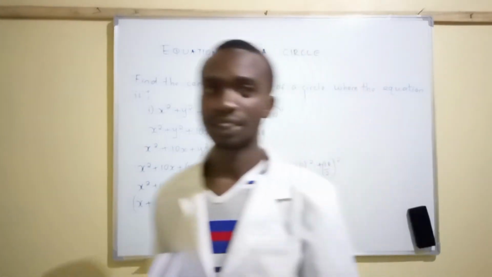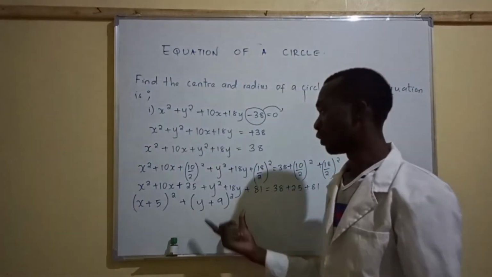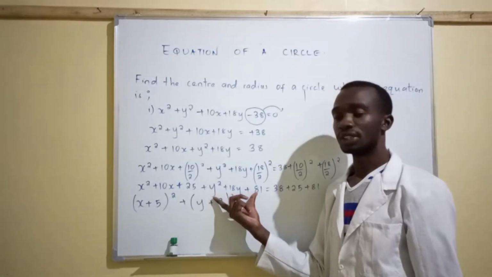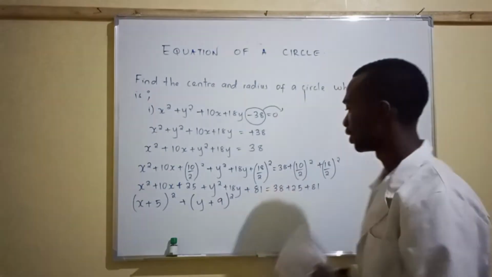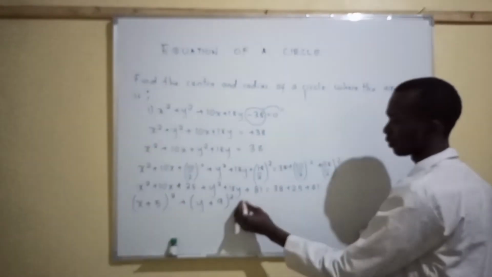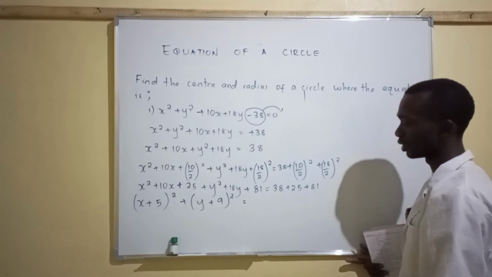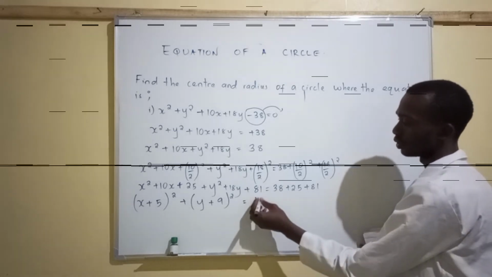It means that when you expand this part, you go back to wherever you came from. This must be equal to 38 plus 25, that's 63, plus 81, which is 144.